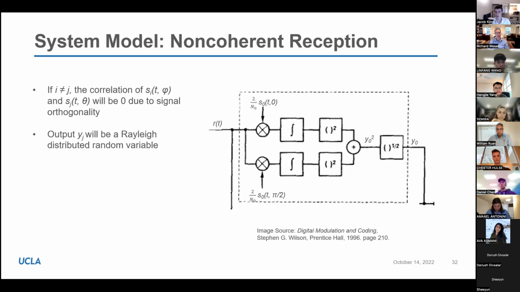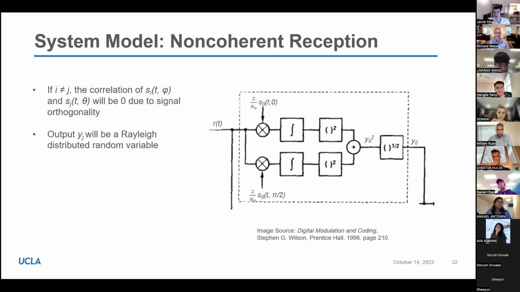Let's assume that the transmit signal was S sub i of t, phi. For correlator bank j, if i does not equal j, then the correlation of S sub i with S sub j will be 0 due to the orthogonality of the signals in our signal set.